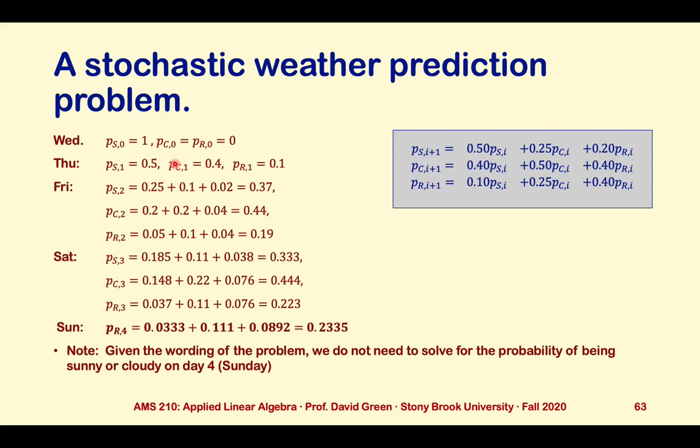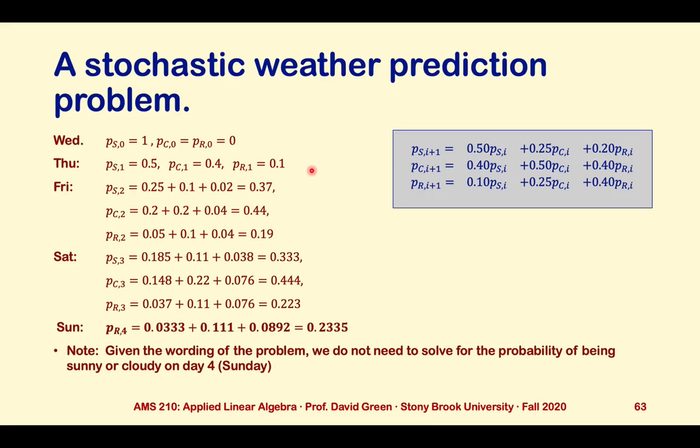The probability of being cloudy on day 1 would be 0.4 times 1 plus 0 plus 0, or 0.4. The probability of being rainy on day 1 would be 0.1 times 1 plus 0 plus 0, or 0.1. First, day 0 is given. Day 1 is very easy to calculate.